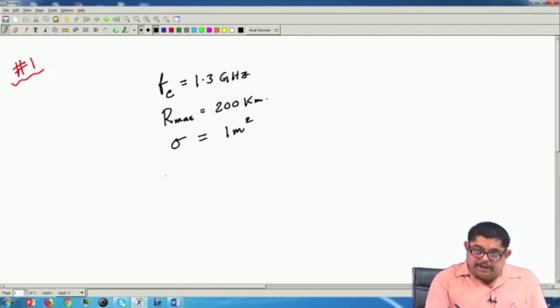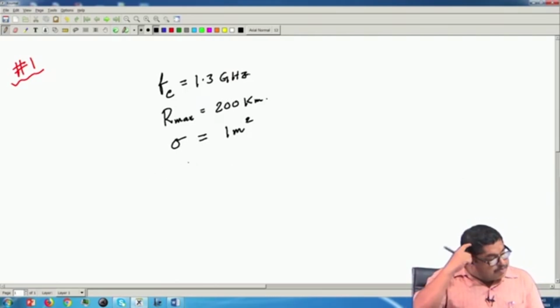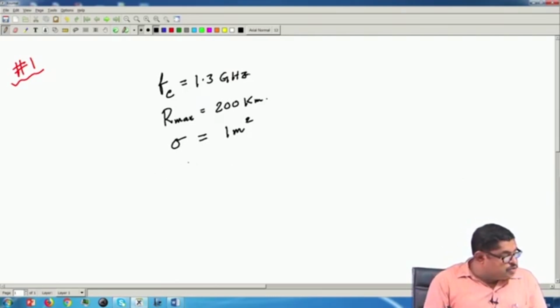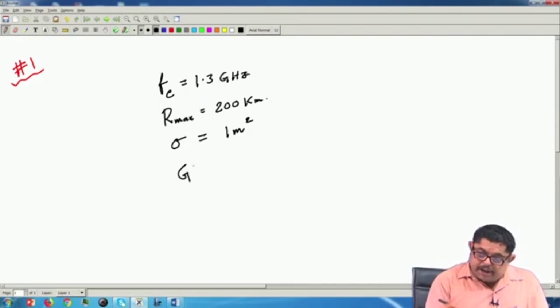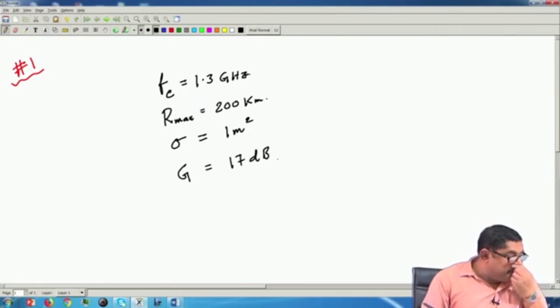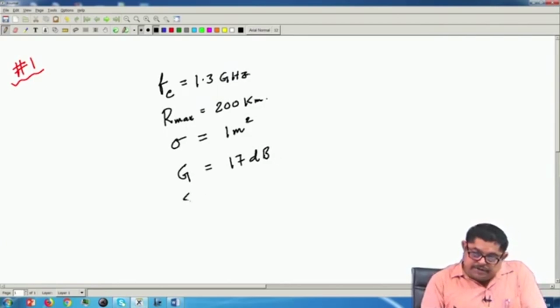Now, antenna dimension is given, but the antenna gain is 17 dB and receiver sensitivity S min is given as minus 100 dBm.